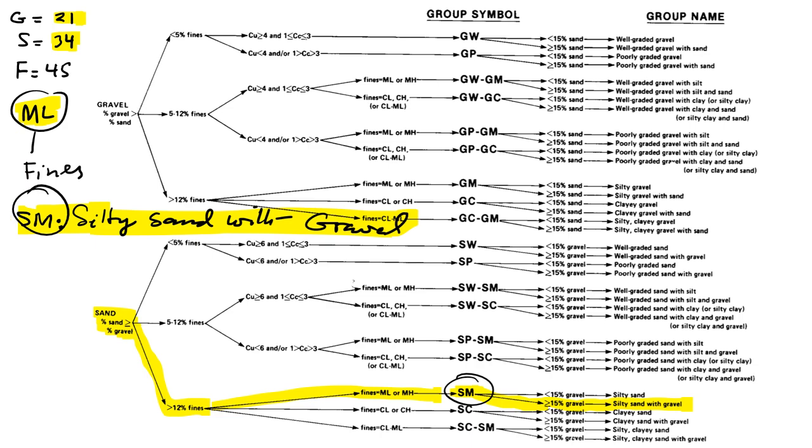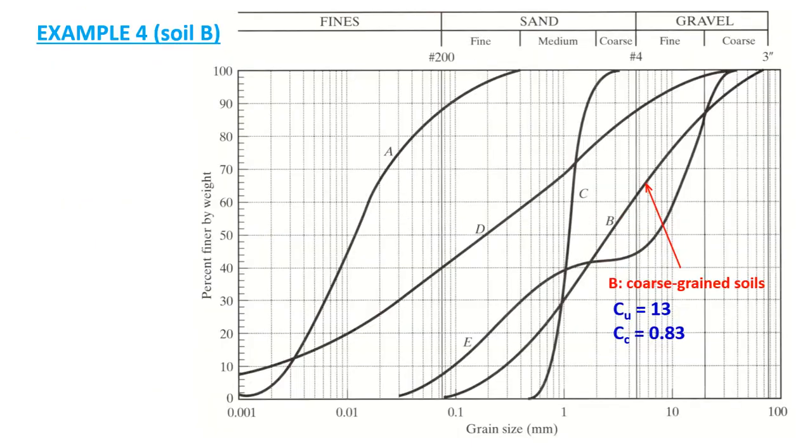Okay, let's move on to the next example. Here I'm going to take soil B shown here. This is soil B. So let me highlight this soil.